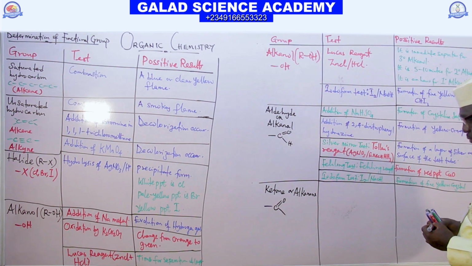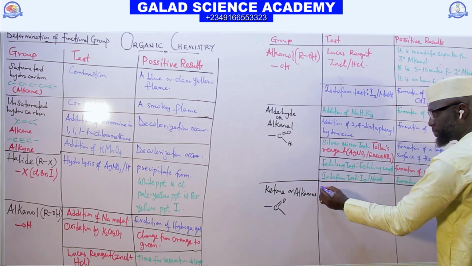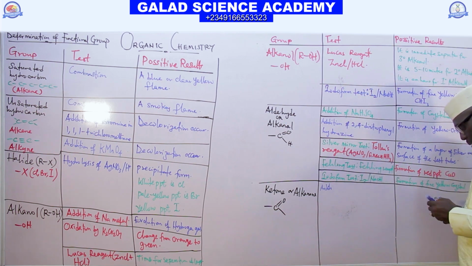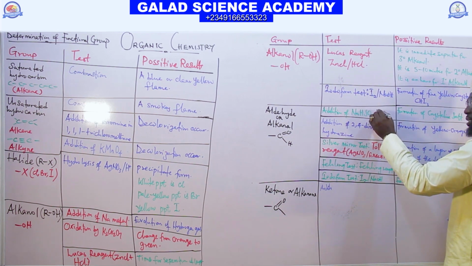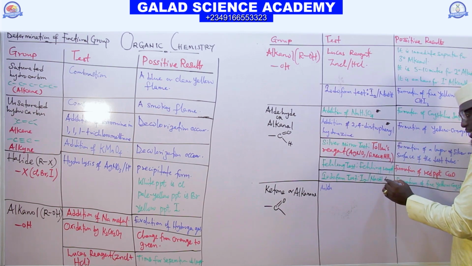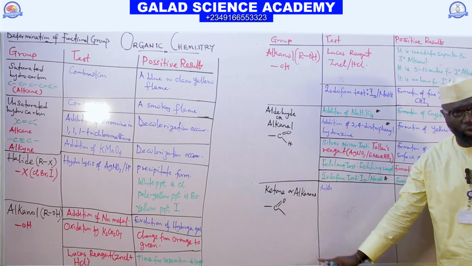And this alkanone undergoes the iodoform test. Let me start from here. These 3 reactions, this 1, 2, and this, they can be found in alkanone.